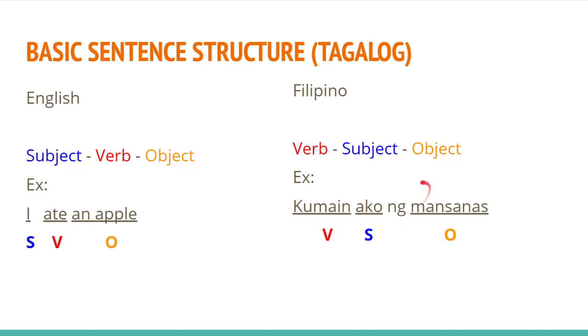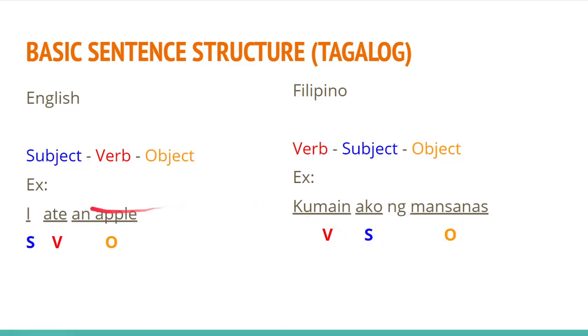The linkers support the description of the sentence to have a complete thought, or a complete sentence. That is the purpose of the linkers. So let's go back to the sentence structure: kumain is a verb, ako is a subject, and mansanas is an object.